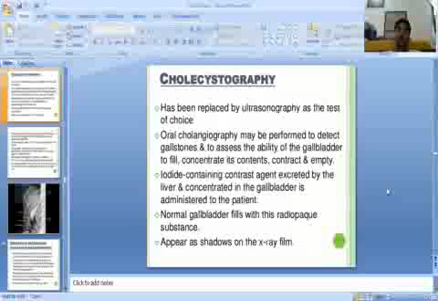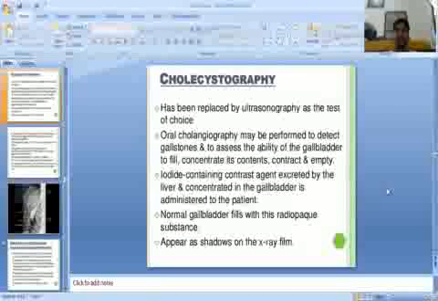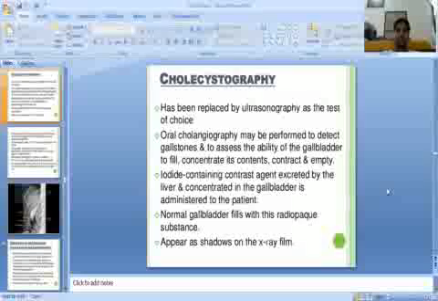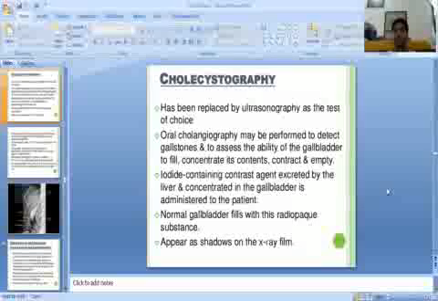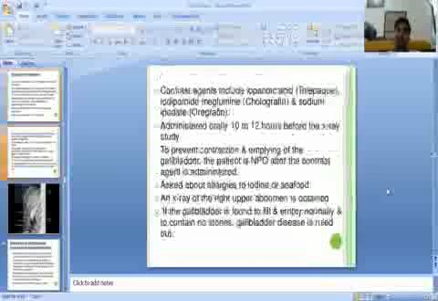Oral cholecystography may be performed to detect gallstones and to assess the ability of the gallbladder to fill, concentrate its contents, contract, and empty. An iodine-containing contrast agent, excreted by the liver and concentrated in the gallbladder, is administered to the patient. A normal gallbladder filled with this radio-opaque substance appears as a shadow on the X-ray film.